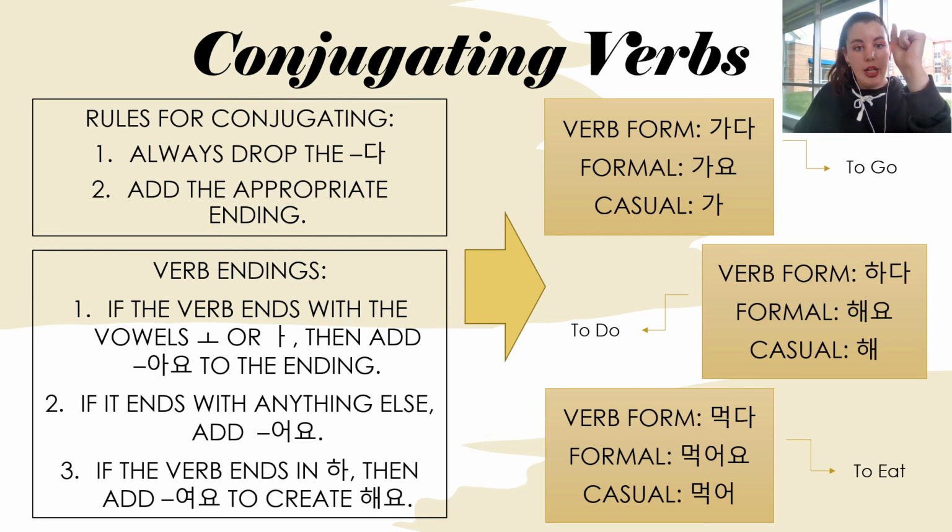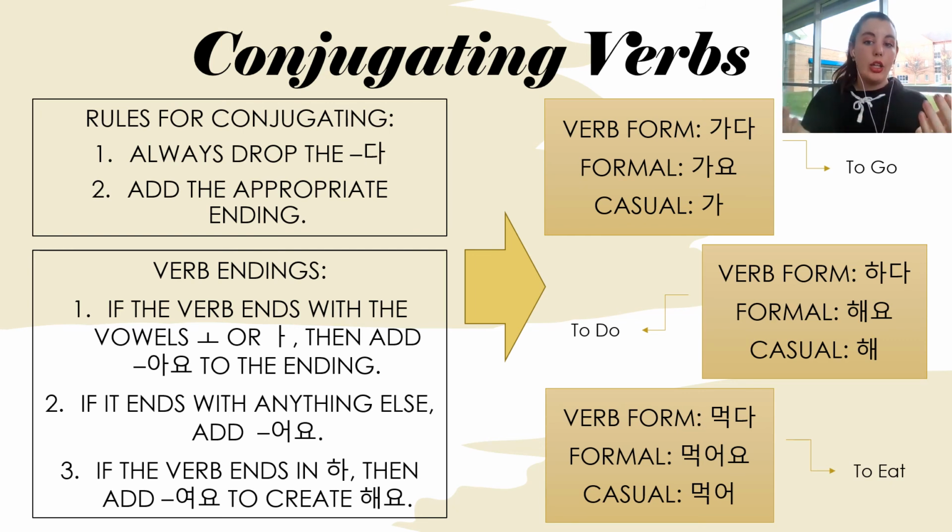Now, our first rule for verb endings: if the verb ends with the vowels o or a, then add ayo to the ending. Because ka ends with a, usually we would add ayo. But because it would be pronounced kaayo, we don't have any necessity to add the extra a because we are already saying it. So we actually just say kayo for ease of pronunciation.